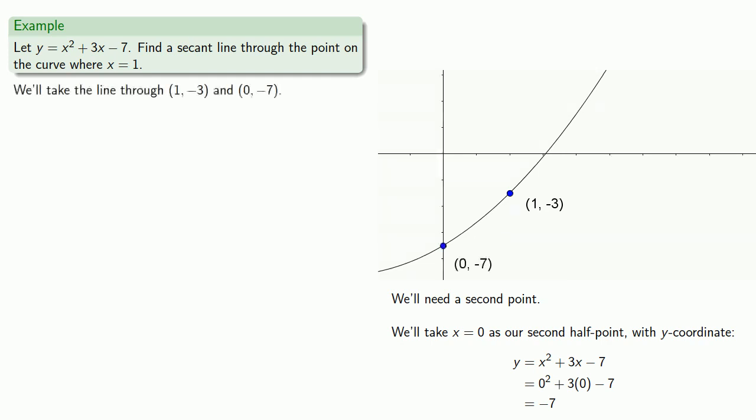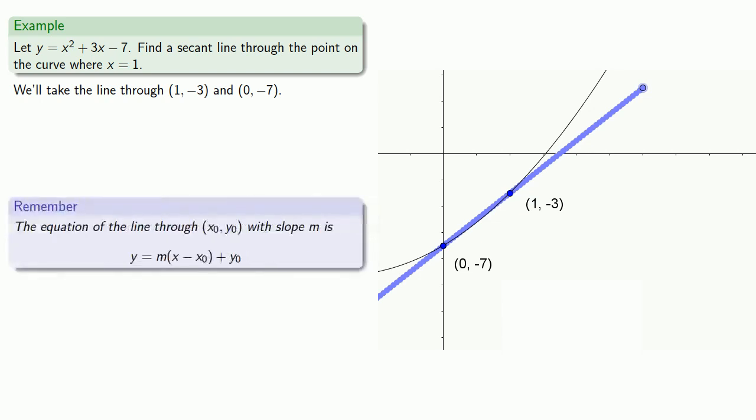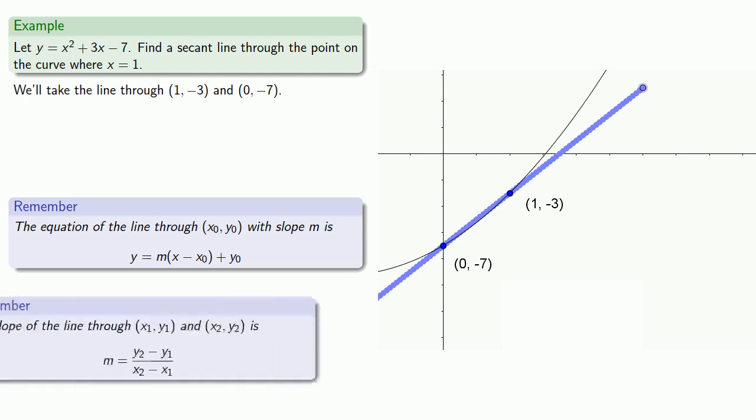So now we have 2 points, and we'll take our line between the 2 points, 1, -3, and 0, -7. So if we have a point on the line and the slope of the line, we can write down the equation in the point-slope form. And we have to find this slope, so remember the equation for finding the slope between 2 points.